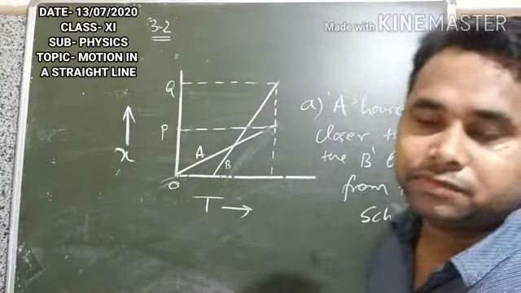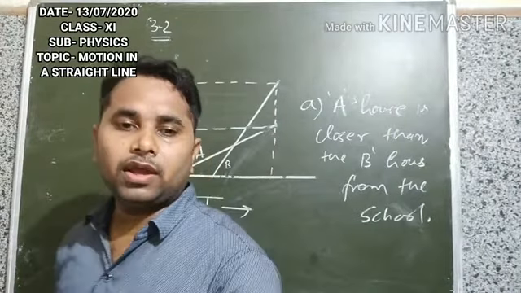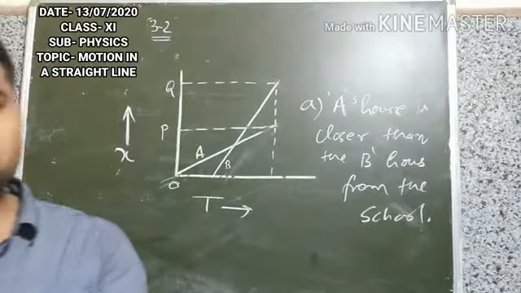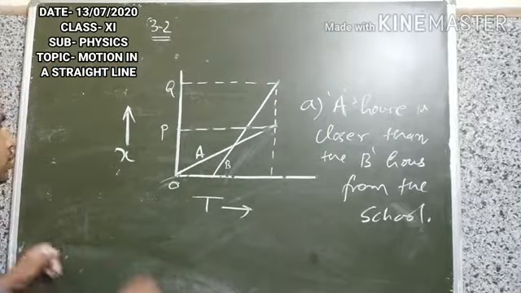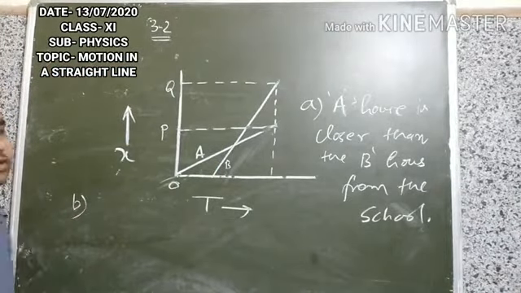See the second question. A or B starts from the school earlier than B or A. Means in this question we have to check who starts first.